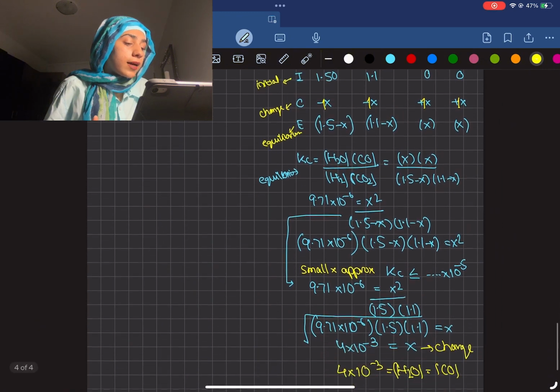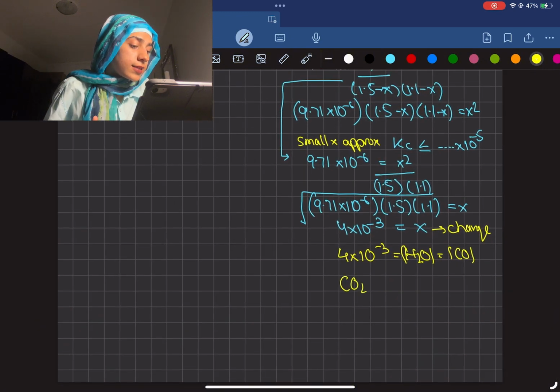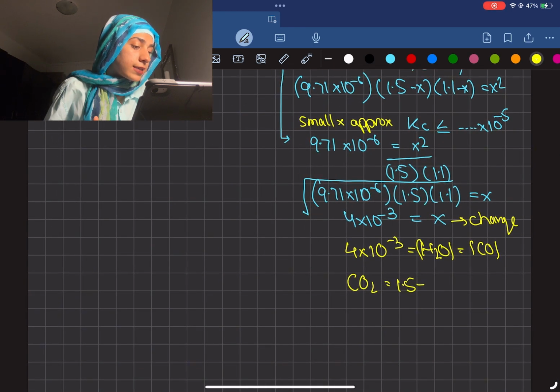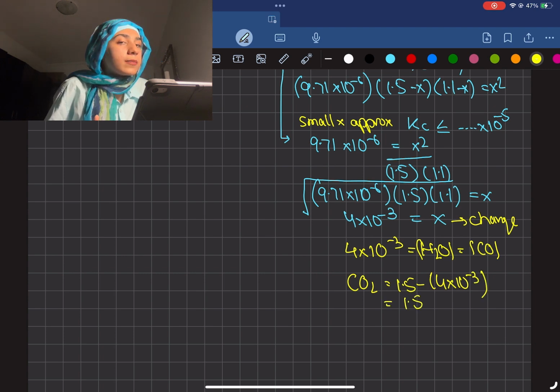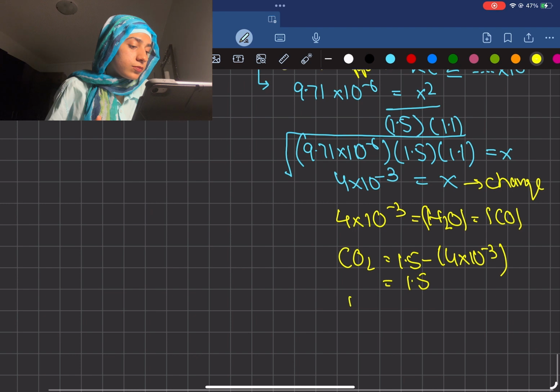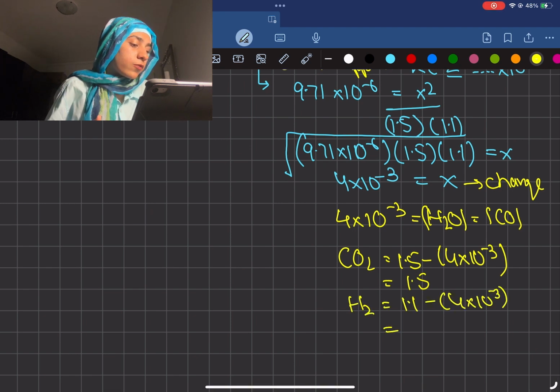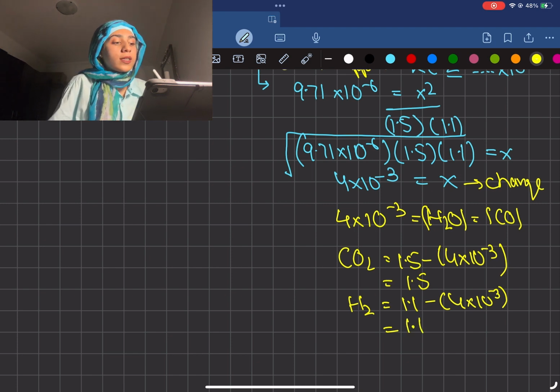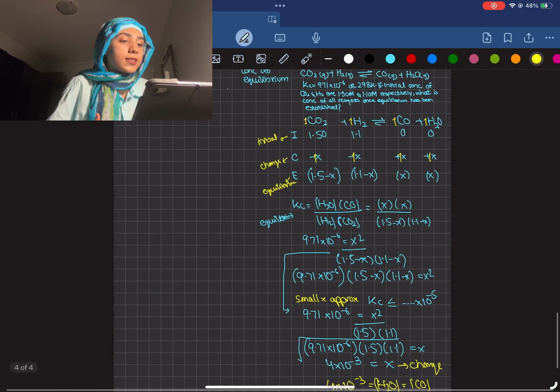But for my carbon dioxide, because it's 1.5 minus x, whatever I'm going to get is going to be so small that it's quite equal to being 1.5. And similarly for H2, which is 1.1 minus 4 times 10 to the power negative 3, whatever value I'm going to get is going to be quite near to 1.1, so 4 times 10 to the power negative 3 is not creating much of a difference. So these are my values at equilibrium.